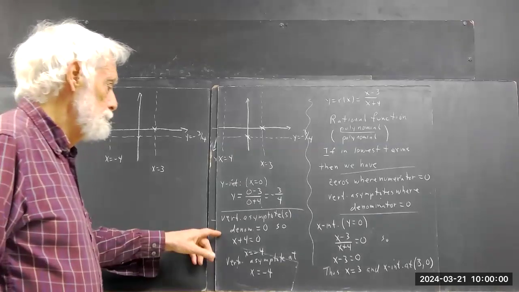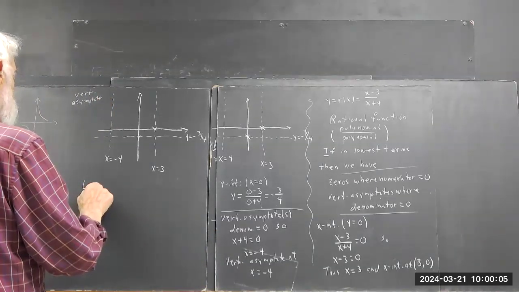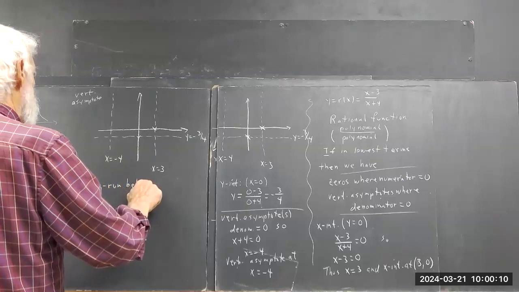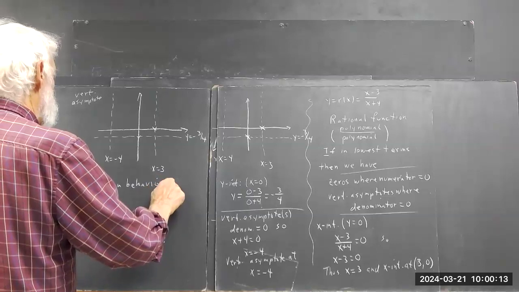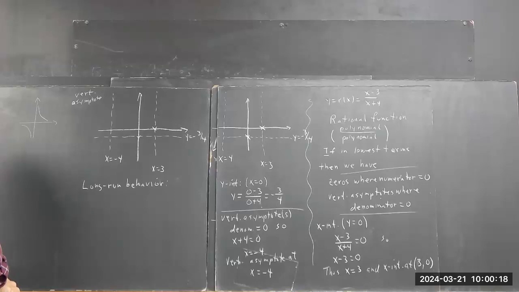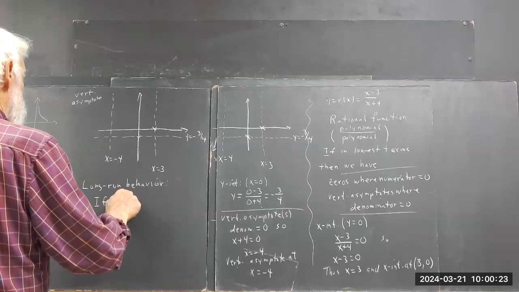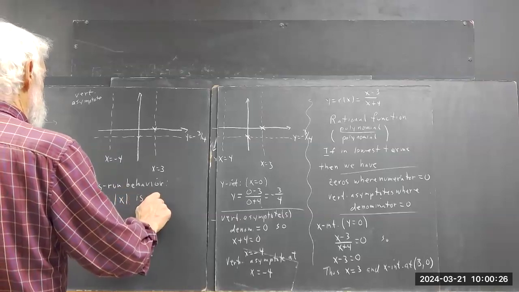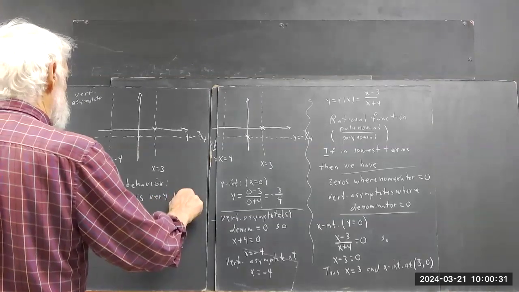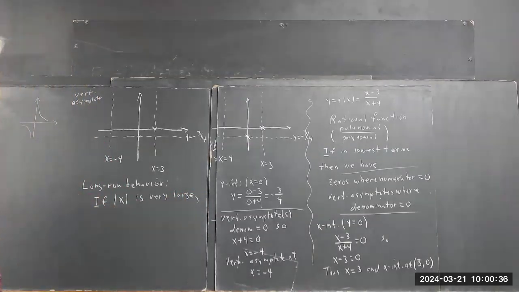Okay, so we want to look at the long run behavior before we put too much at the vertical asymptote. Okay, the absolute value of x is very large.